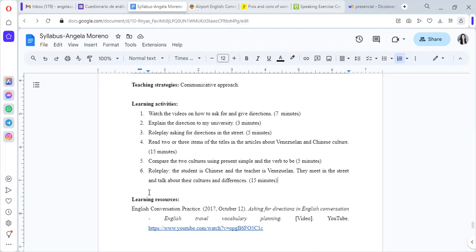In this role play, they have to take into account the information that they already read in the articles about Chinese culture and Venezuelan culture. This final activity will last 15 minutes.